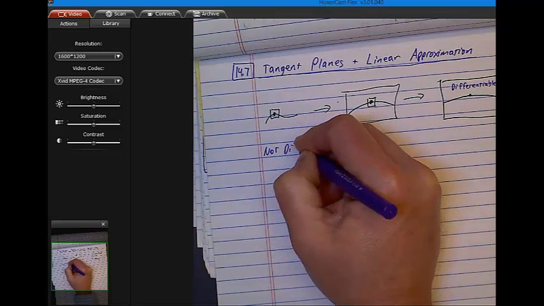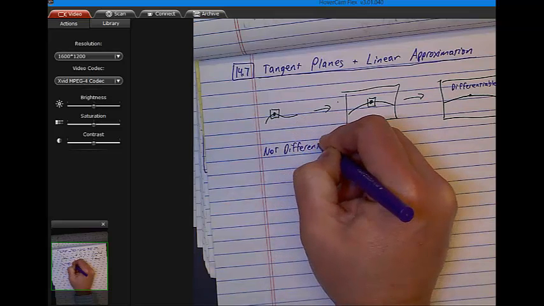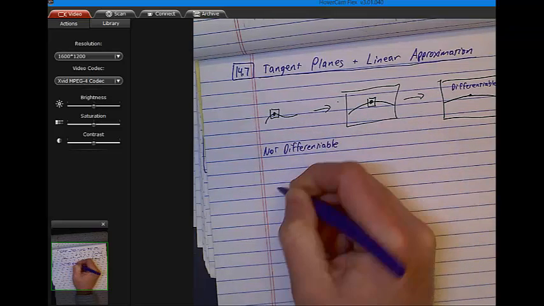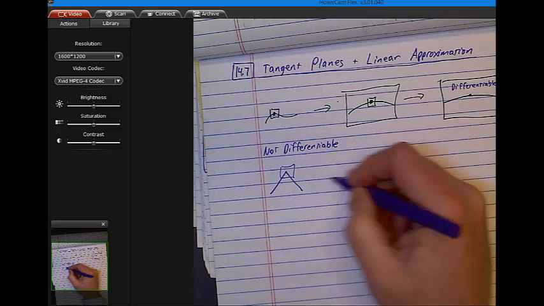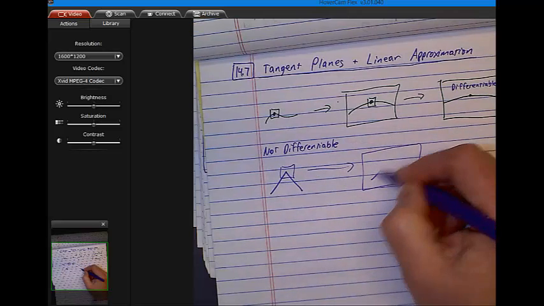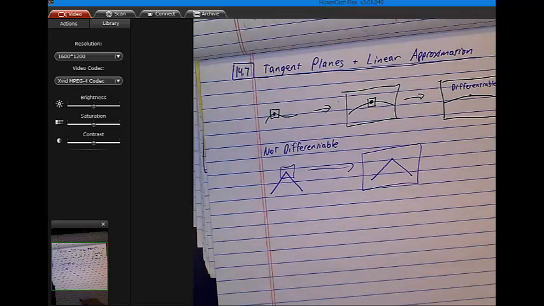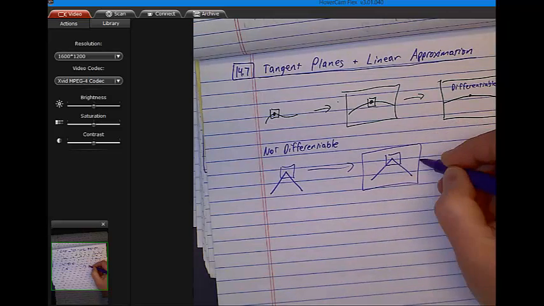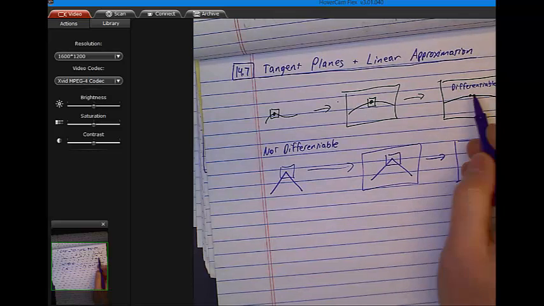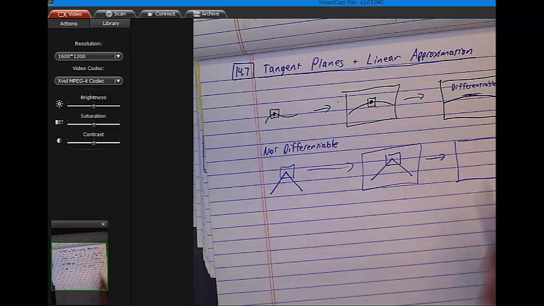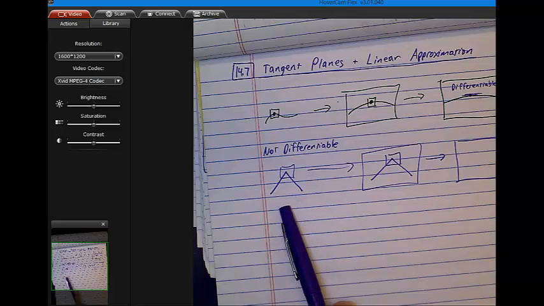Not differentiable would be something that has a cusp, like the absolute value function. Because if you zoom in, that never goes away. So this is kind of an idea of understanding what we want out of differentiability. We want the linear approximation to work if you're close to the point you're approximating at. That won't happen if you have something with a cusp.